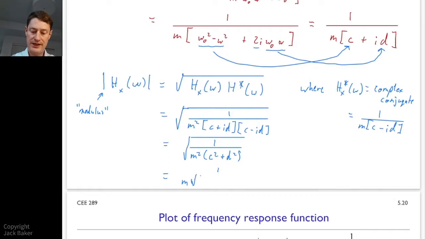For the c, we've got omega naught squared minus omega squared. And for the d, we've got 2 omega naught omega, squared. That stuff is all still in the square root, and then it's all in the denominator of our fraction as well.